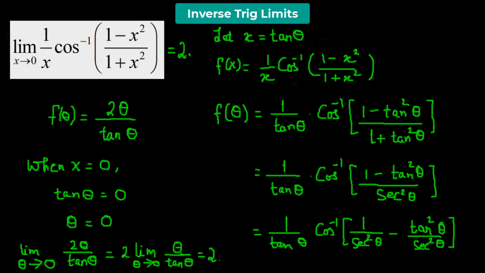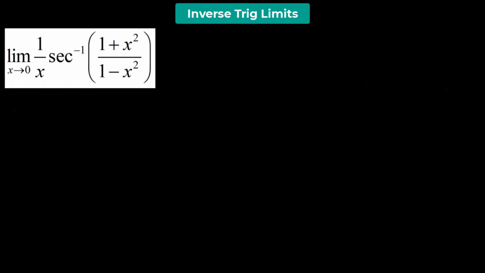Let us do another problem. Here we have 1 over x multiplied by secant inverse of 1 plus x squared divided by 1 minus x squared. Now we know that secant inverse of x is actually equal to cosine inverse of the reciprocal of x. Let's use this identity.